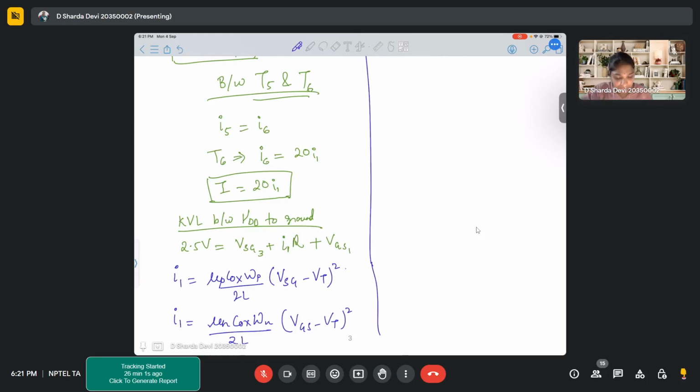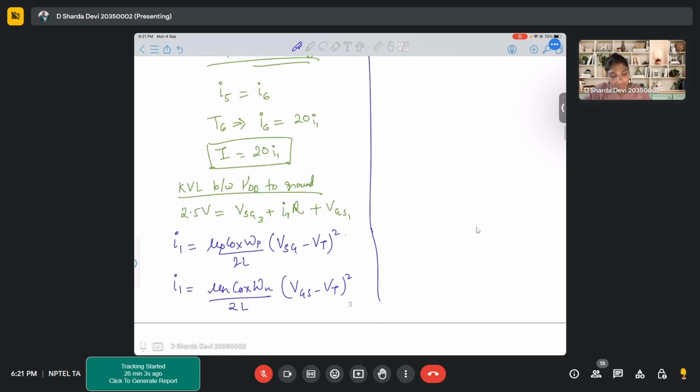So from here, we'll get these terms in terms of I1. So we'll get a single equation in terms of I1, correct? So that is one way to solve.